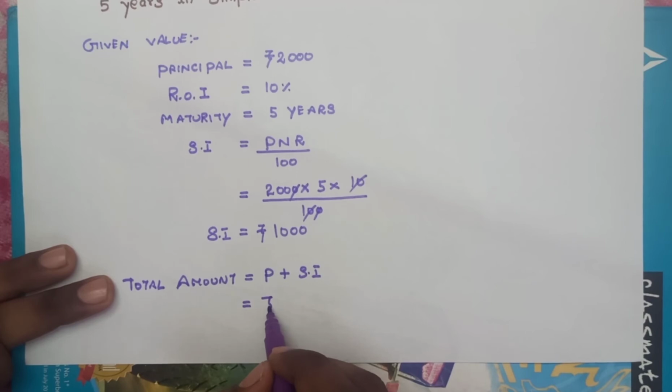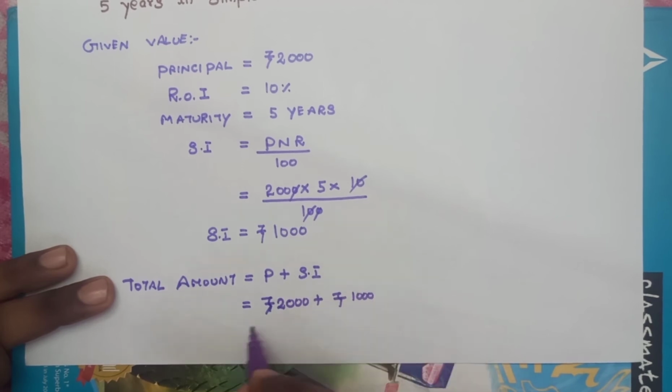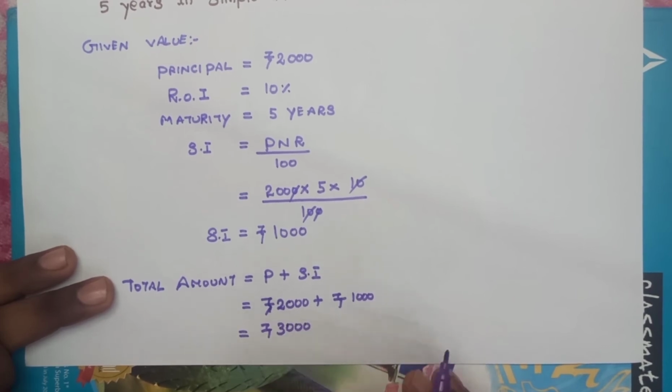Your initial principal is 2000 and your simple interest is rupees 1000, and you will get rupees 3000 at the end of the 5-year period.